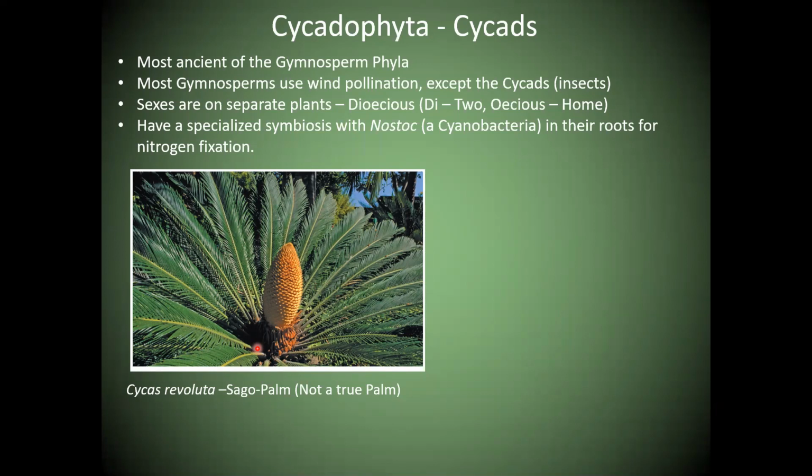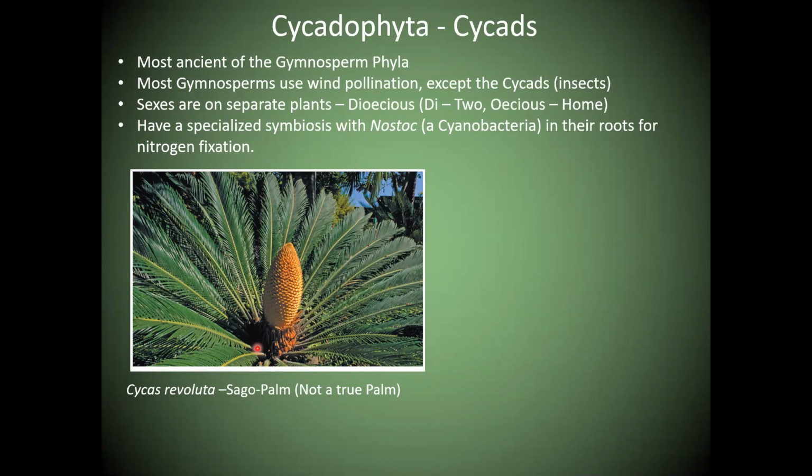They have a specialized symbiosis with a cyanobacteria in their roots. For any plant, absorbing nitrates is a big challenge. They are very rare and a critical nourishment. In order to enhance their ability to absorb nitrates, they have developed a symbiotic relationship in their roots with a cyanobacteria named nostoc.